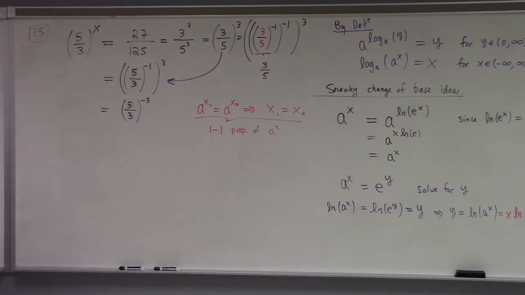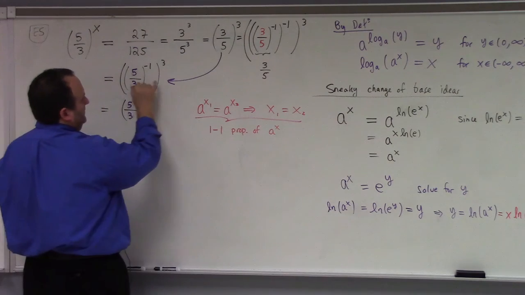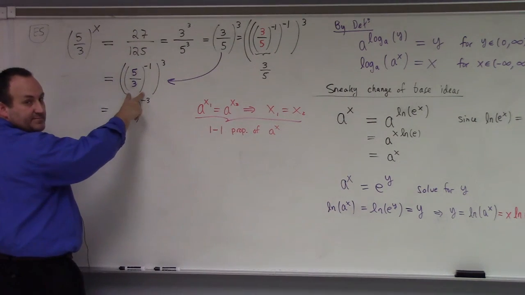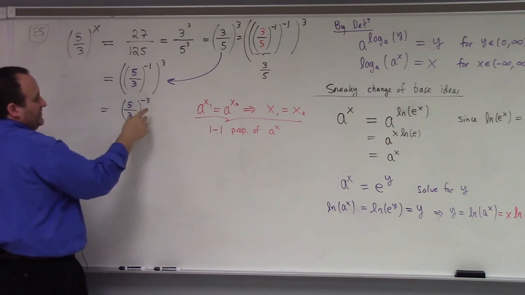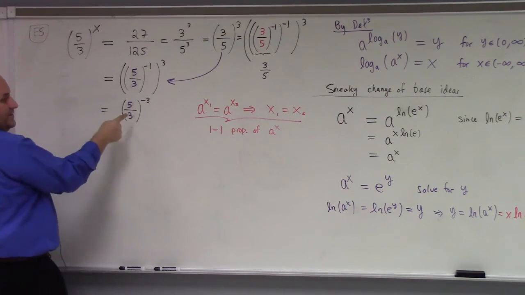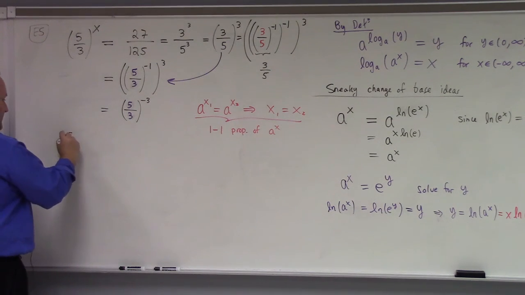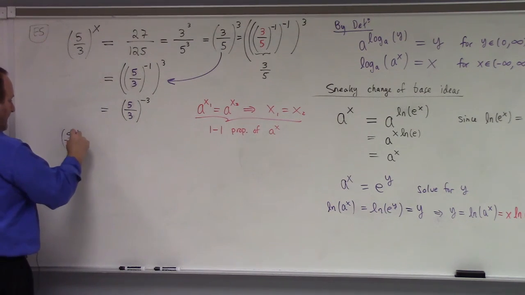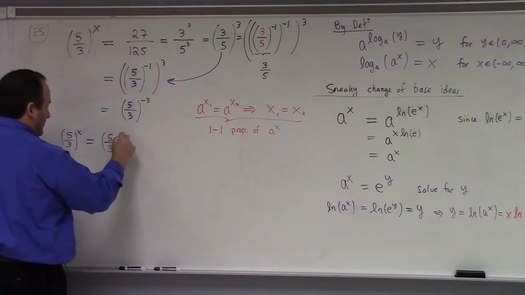So, you got it? 3/5 is the reciprocal of 5/3, right? Then -1 times 3 is -3, so I have (5/3) to the -3 power. So altogether, we have (5/3) to the x is equal to (5/3) to the -3.